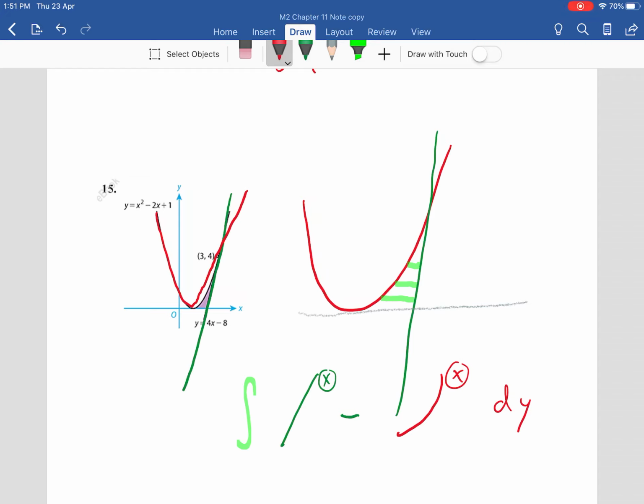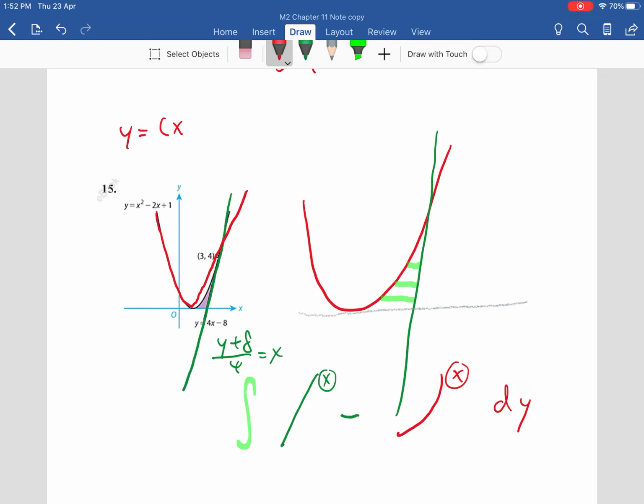It may be a little bit complicated, but sometimes changing helps. For example, the green one is very easy: make x the subject, and (y plus 8) over 4 is x. How about the red one?